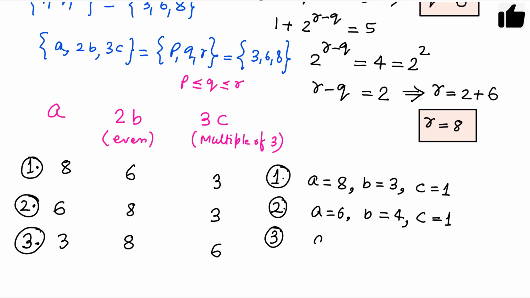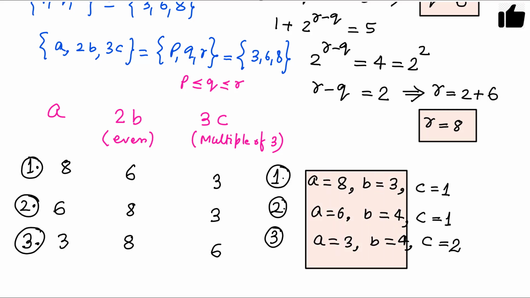And third possibility, a is equal to 3 and 2b is equal to 8, this means b is equal to 4 and 3c is equal to 6, this means c is equal to 2. So you can see in this case 3 ordered pairs of solutions exist.